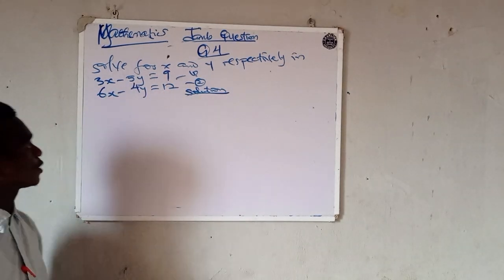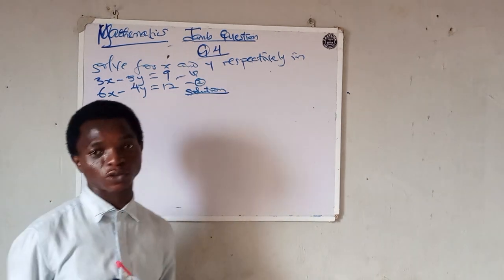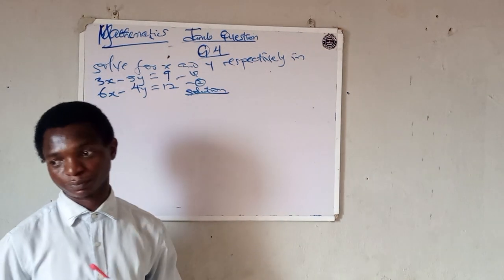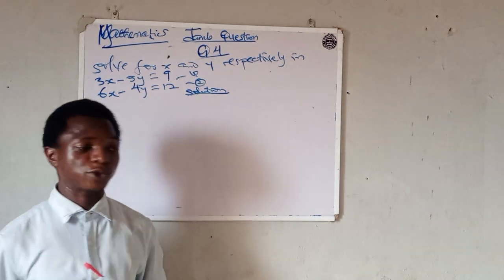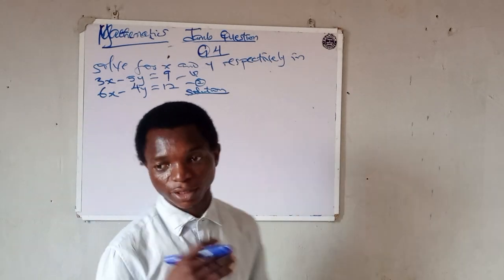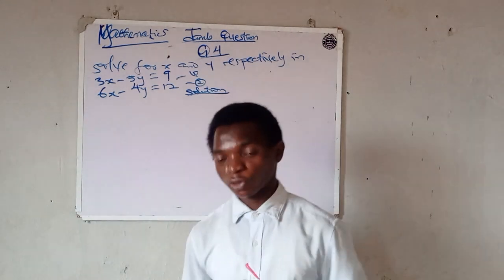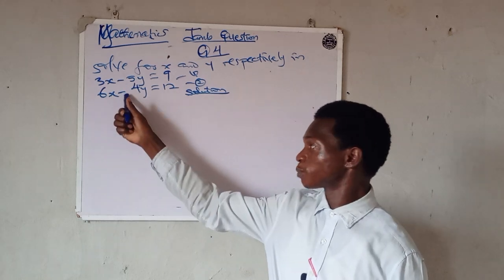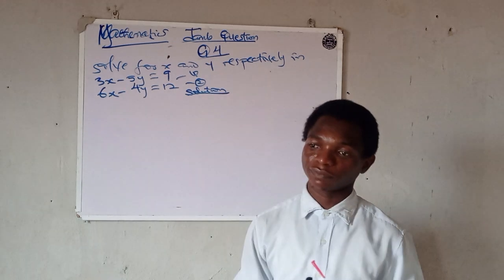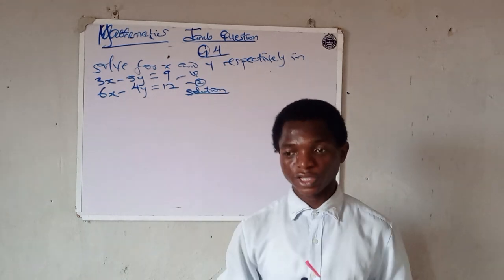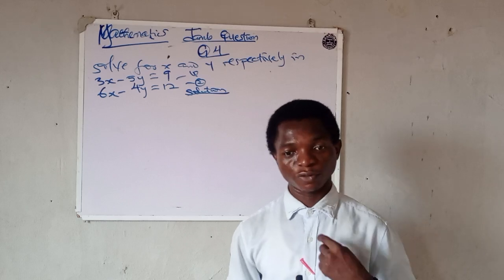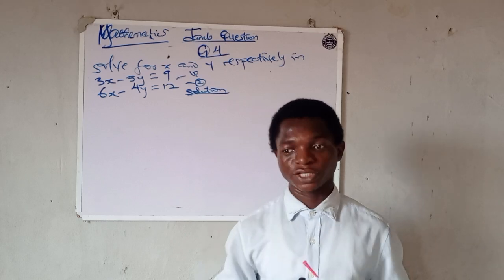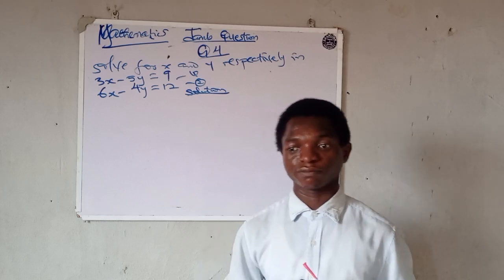Now to solve this problem, either by substitution or elimination, the method you choose determines the procedures that are involved. If I want to solve this problem using the elimination method, I need to first make the coefficient of one of the variables the same.